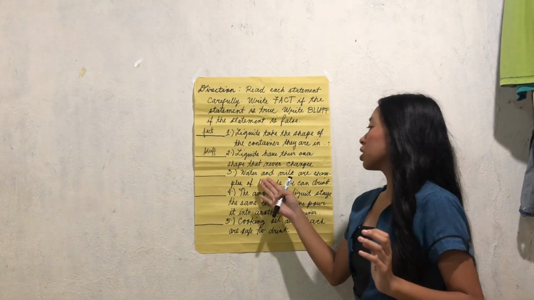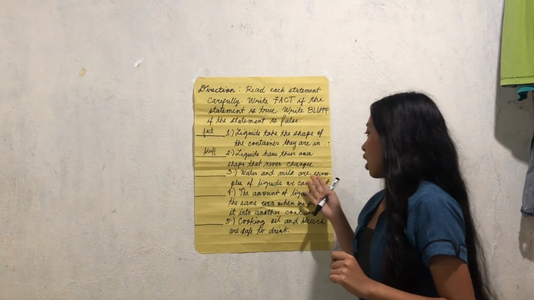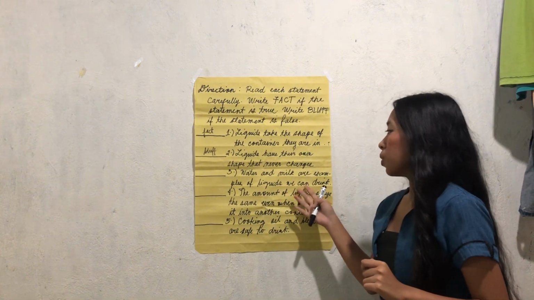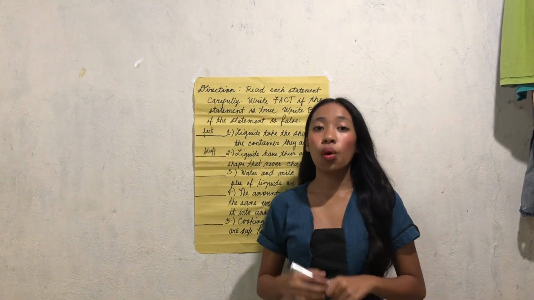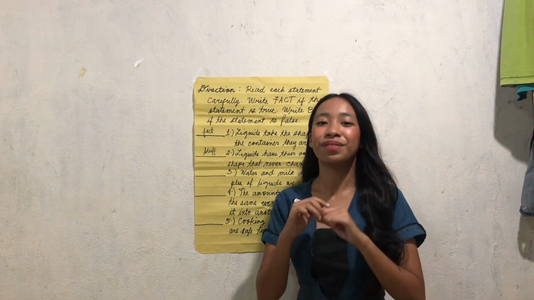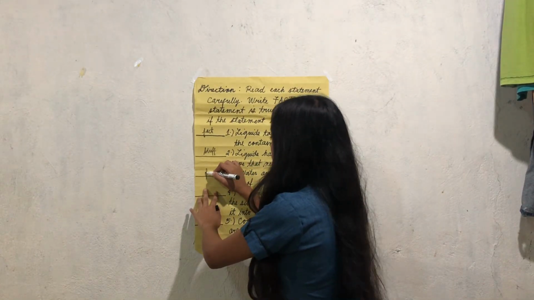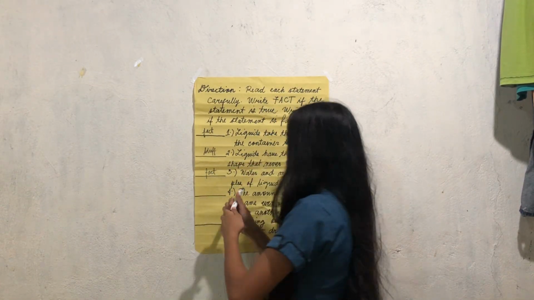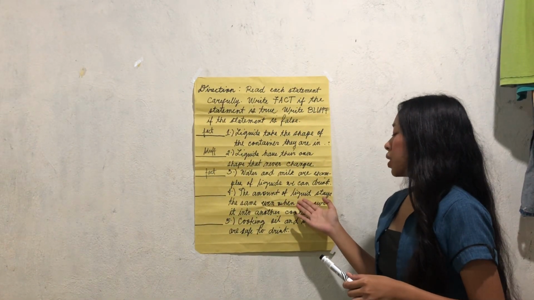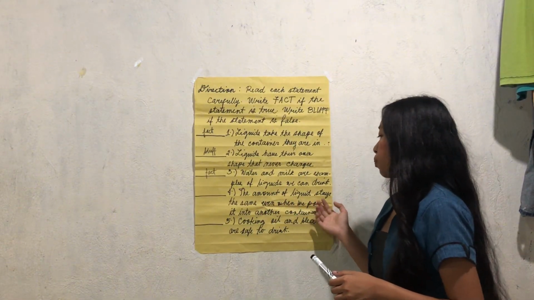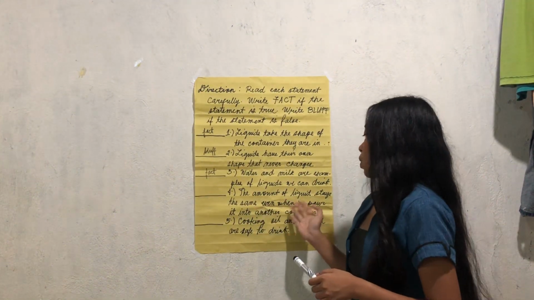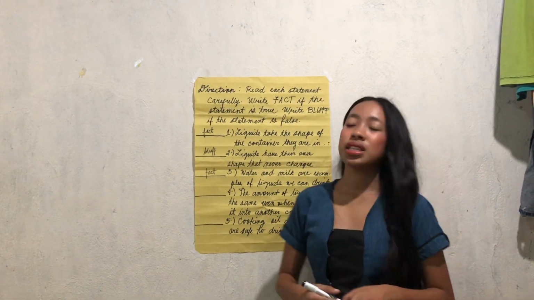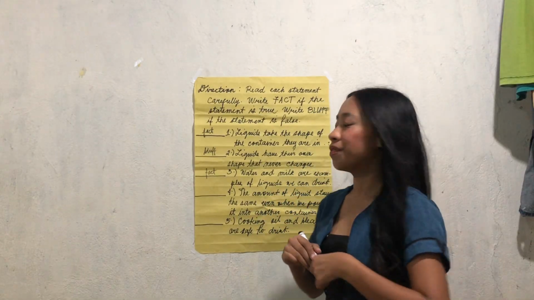Third, water and milk are examples of liquids we can drink. Fact or bluff? A fact. The amount of liquid stays the same even when we pour it into another container. It's a fact.